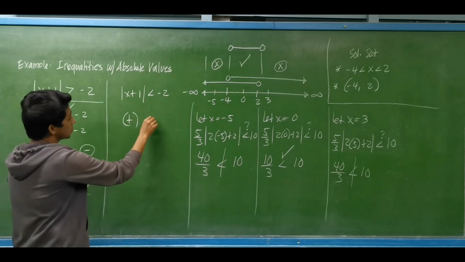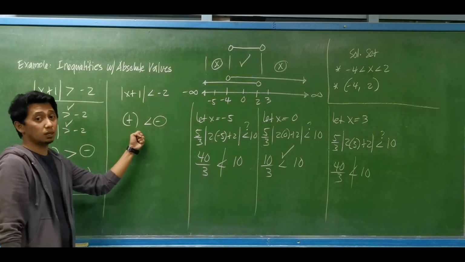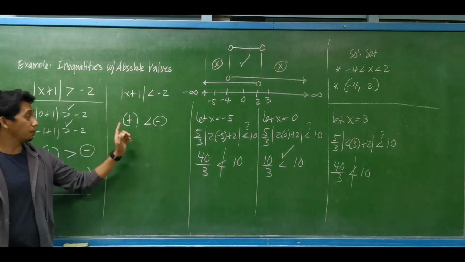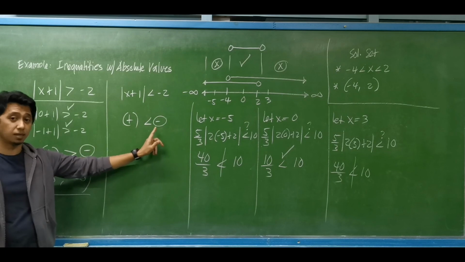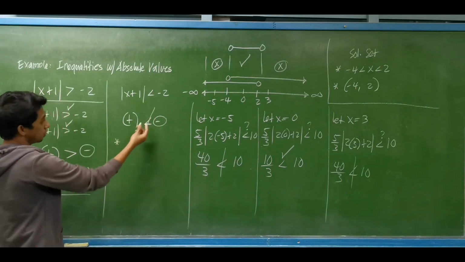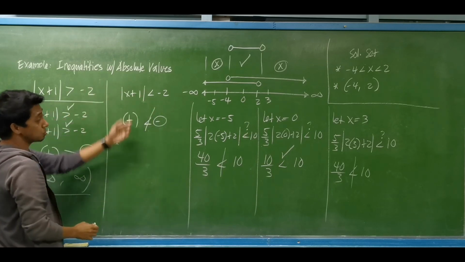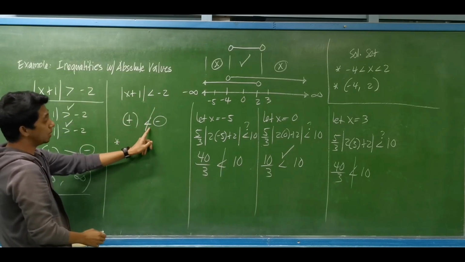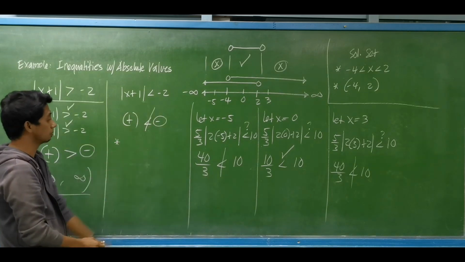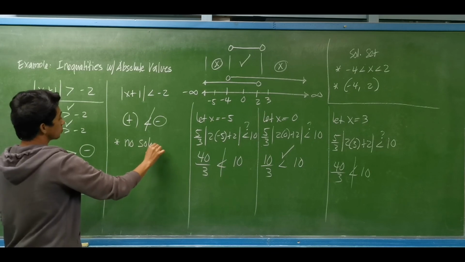And is a positive value less than a negative value? Obviously not. A positive value will never be less than a negative value. So this is not true. An absolute value will never be less than a negative number. So we may conclude that this has no solution.